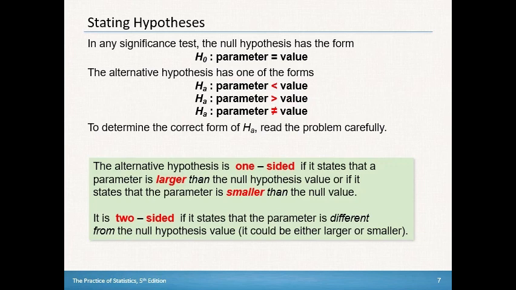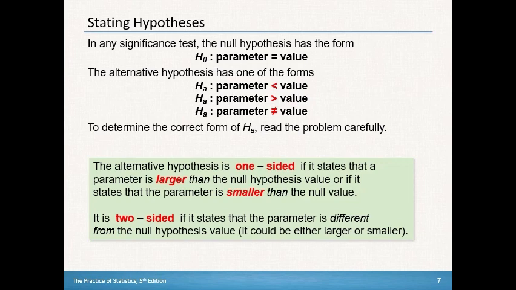If we don't have a direction and we just say not equal to, then we're going to reject the null hypothesis, the claim that he's an 80% free thrower, if in his sample he were to get a p hat that's much higher than 80 or much lower than 80.